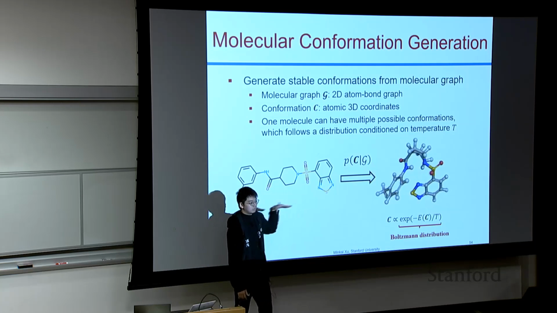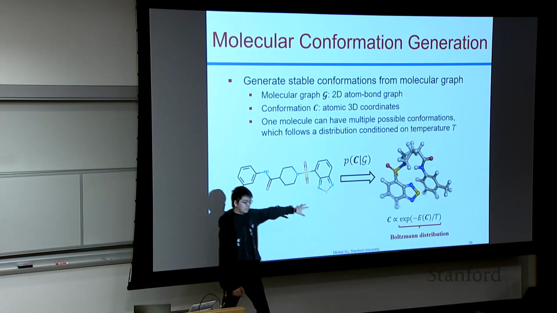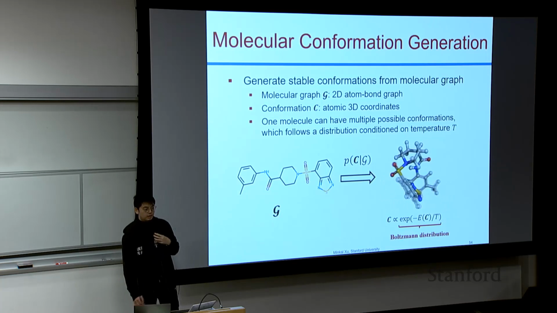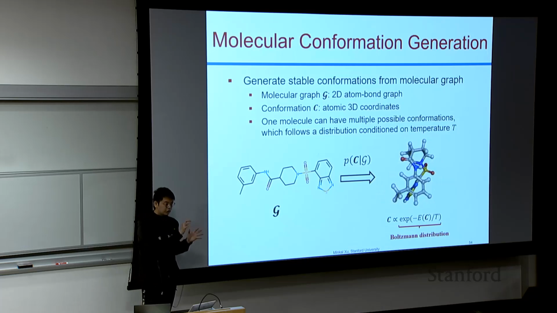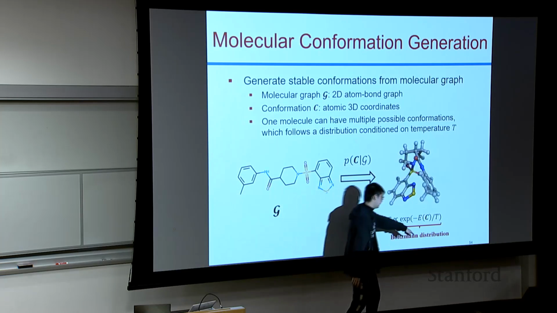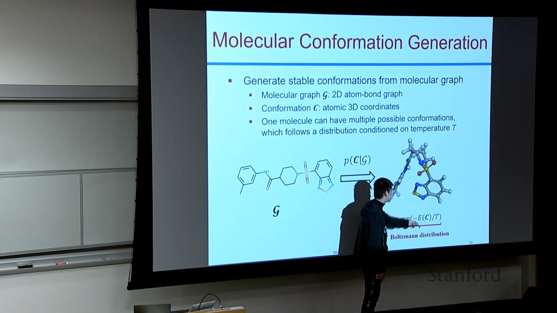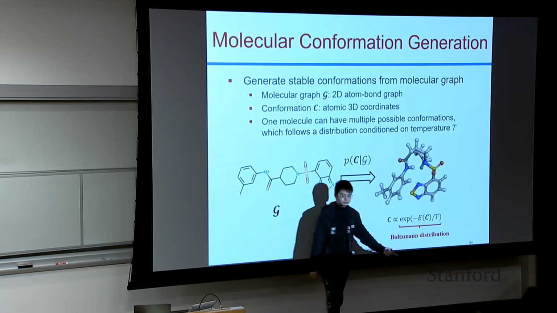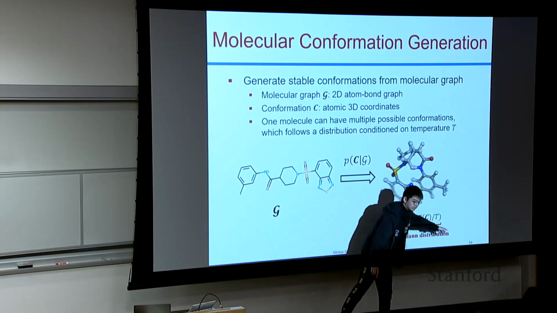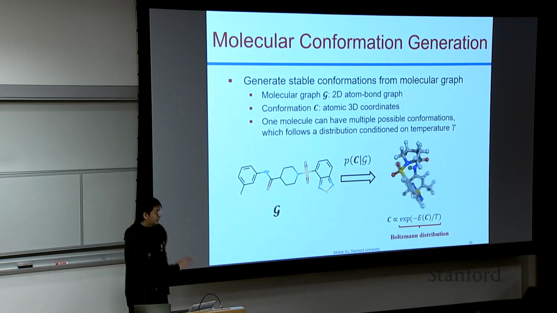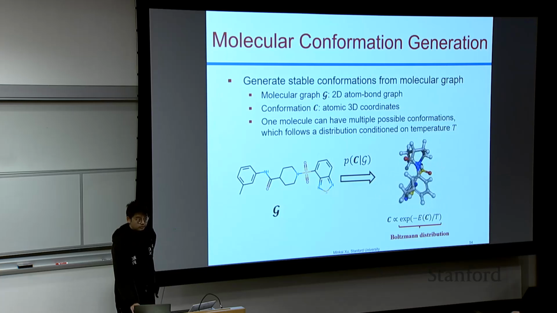Prediction means a one-to-one mapping, but actually it has multiple stable structures. So naturally, this is a generation task. Physically, there is some distribution of these 3D structures. It's a Boltzmann distribution given some temperature, but never mind. I just want to show there is a distribution.